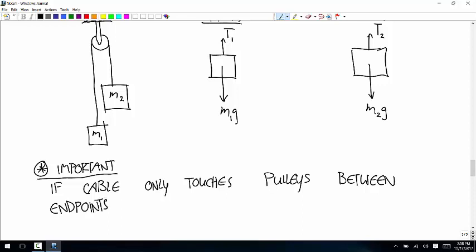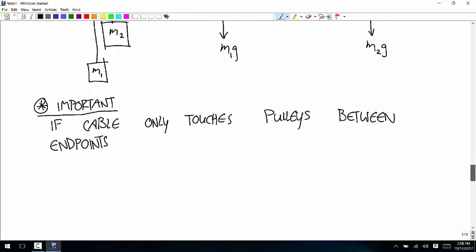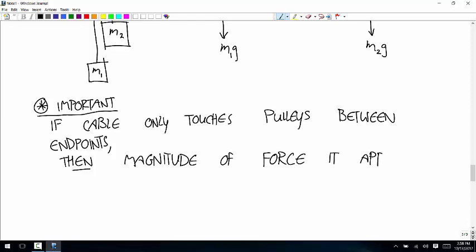So if the cable only touches pulleys between the endpoints, then the magnitude of the force it applies is the same everywhere. Only the direction changes.